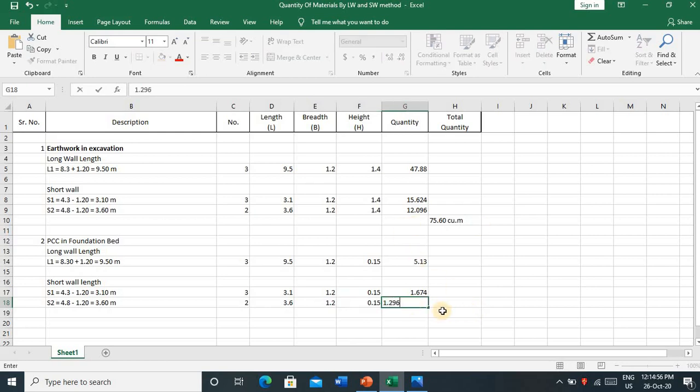So the total quantity will be 5.13 plus 1.674 plus 1.296. So the total quantity is 8.10 cubic meter. Okay, we will just make it bold, so the total quantity you will get directly.